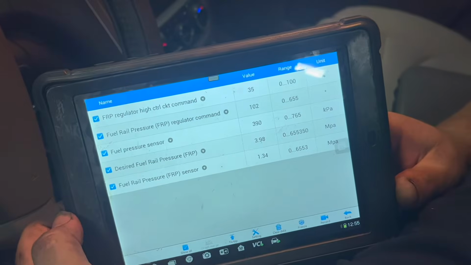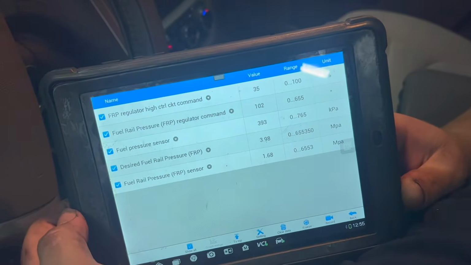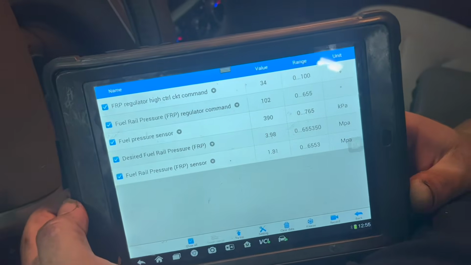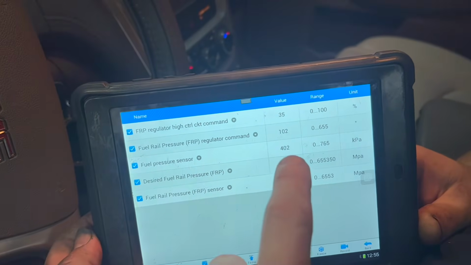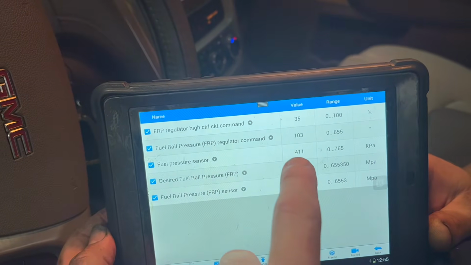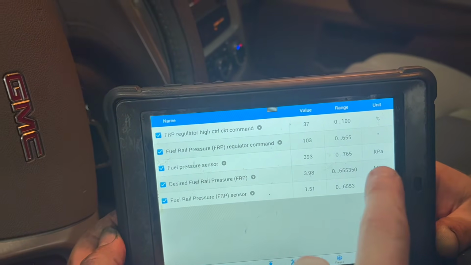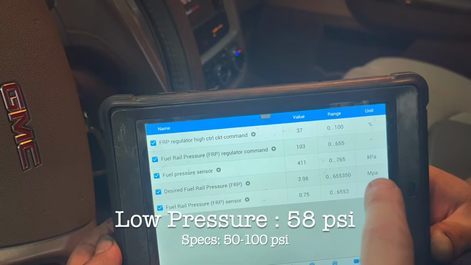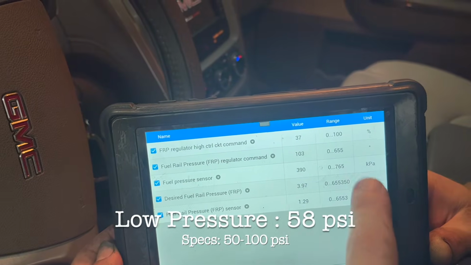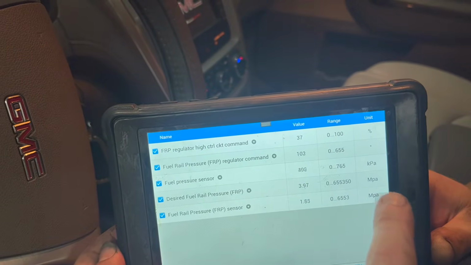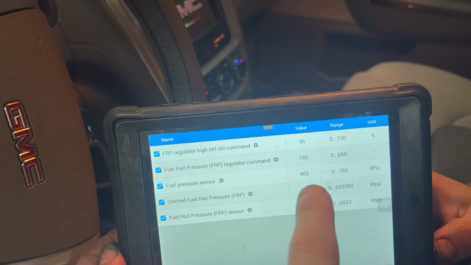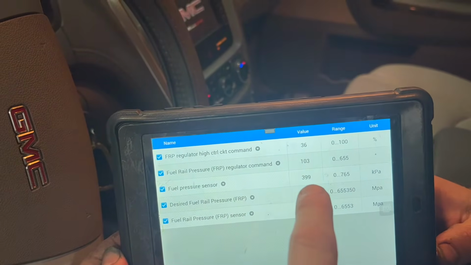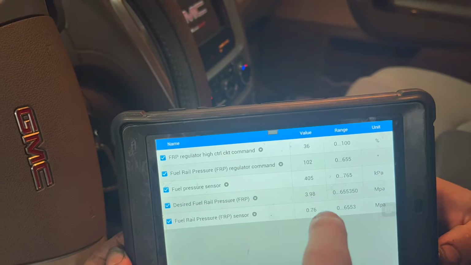So we got a custom data list here. Basically what we're looking for is, so the 399, ordinarily we would be going off PSI. For whatever reason we can't get it to do it on this scan tool, but this is your low pressure fuel.